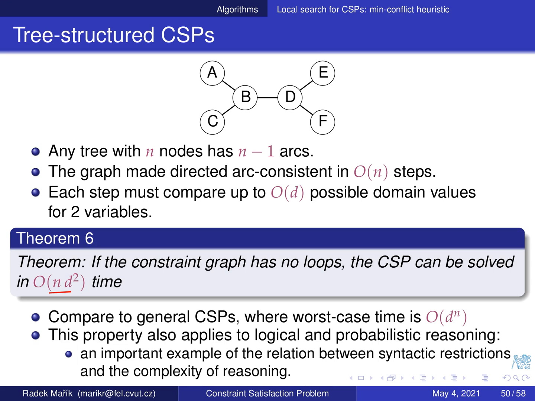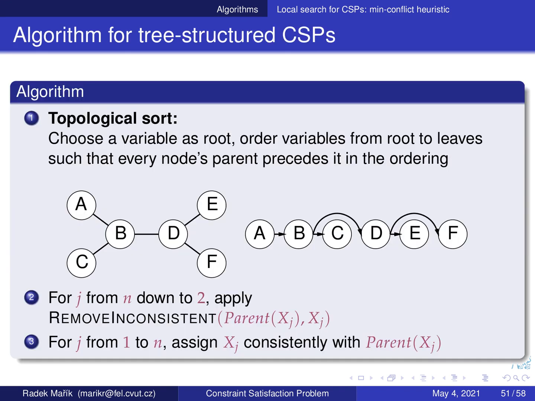So how is it actually done? Well, first, you perform a topological sort. You select one variable as the root, and then order all the variables in the sequence in such a way that every node's parent precedes the actual node in that ordering.